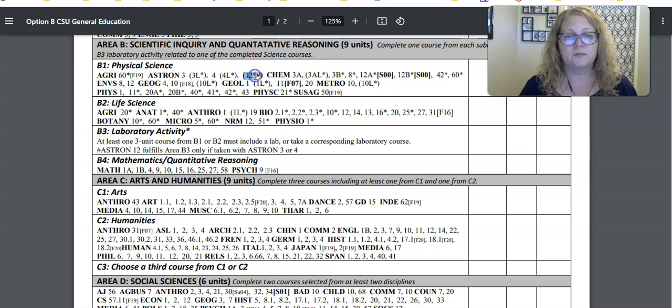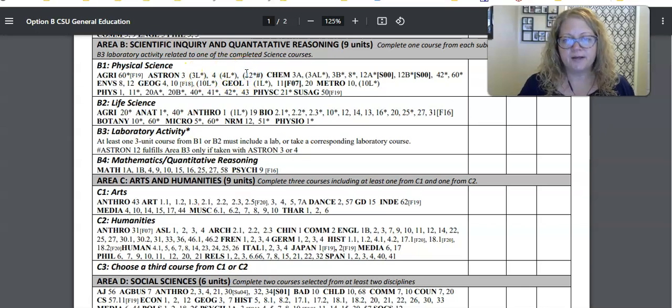Or you could look at Astronomy 12, which is also a lab that can go with Astronomy 3 or 4. And it's a shorter class. I think it's a total of like 8 or 9 class meetings. Some up at Lake Sonoma, or if it's in the summer, they go to the Sierra Nevadas. So that's the only discipline that has something like that, a separate class that goes with multiple courses.